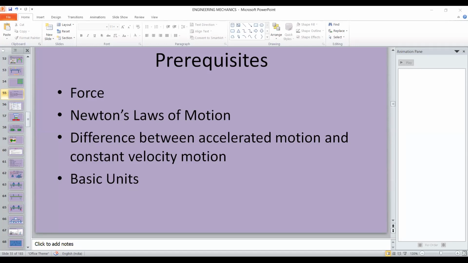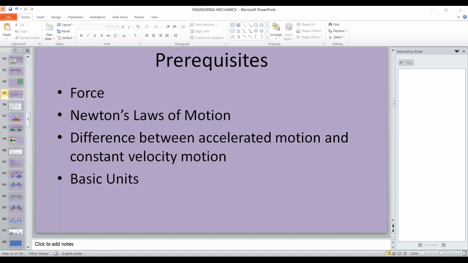Before that, one student asked a doubt in the last lecture. In Newton's second law, we write the equation F is equal to mass into acceleration. But from the definition, we actually get that mass into acceleration is directly proportional to the force value.